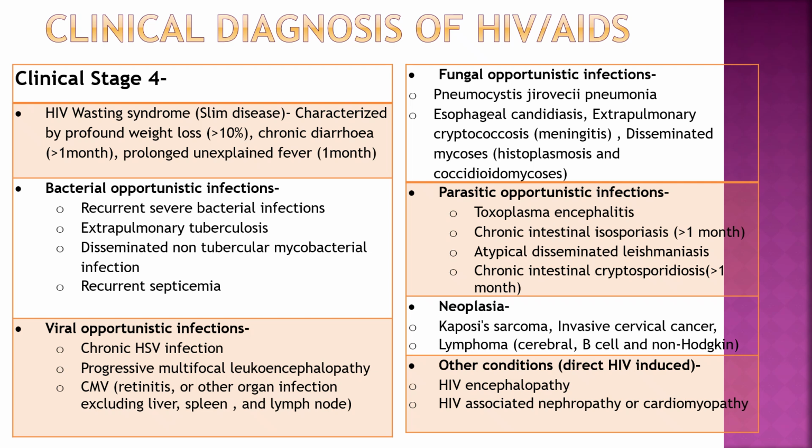Fungal opportunistic infection: Pneumocystis jirovecii pneumonia, esophageal candidiasis, extrapulmonary cryptococcosis causing meningitis, disseminated mycosis like histoplasmosis and coccidioidomycosis. Parasitic opportunistic infection: toxoplasma encephalitis, chronic intestinal isosporiasis, atypical disseminated leishmaniasis, chronic intestinal cryptosporidiosis.